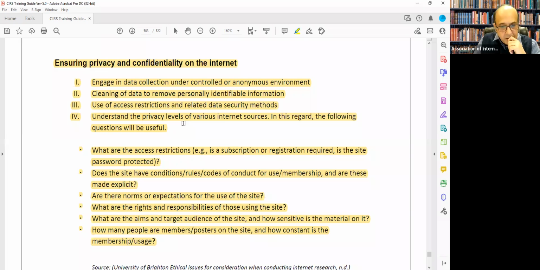Of course, understand the privacy levels of various internet sources. So sometimes we don't directly use that survey or that information, and it's coming from a third party who does it for you, because a lot of times, even with us, we engage other companies to do the survey part, which is more of a physical effort, whereas we can design the survey questions but leave it for a third party to obtain the answers or to conduct that physically.